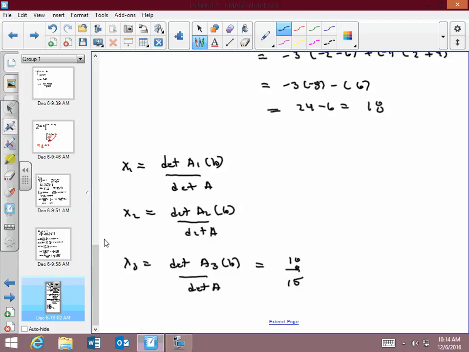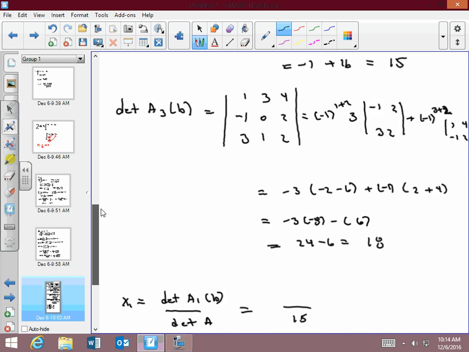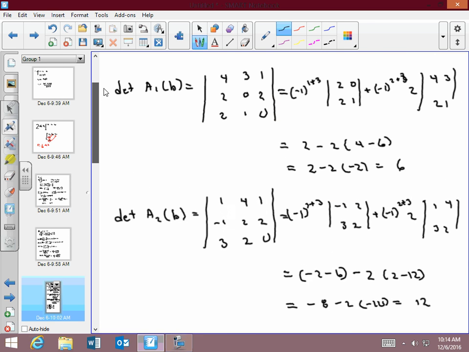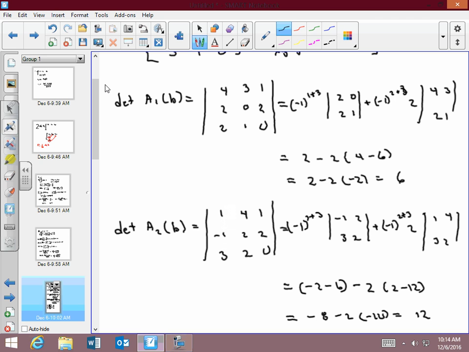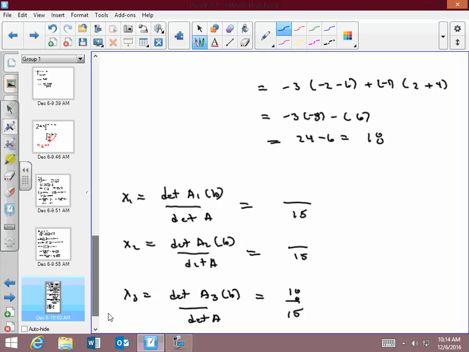And the rest of them are all over 15, because that's determinant of A. And 1 is 6, and 2 is 12. So this is 2/5, right? And this is 4/5. That was 18, okay. And so that's 6/5.